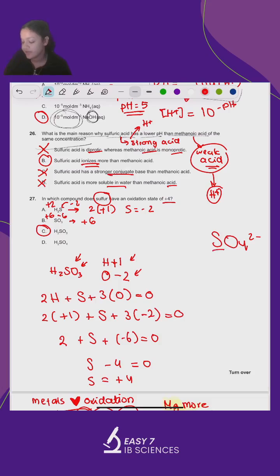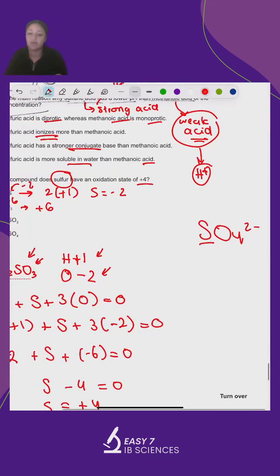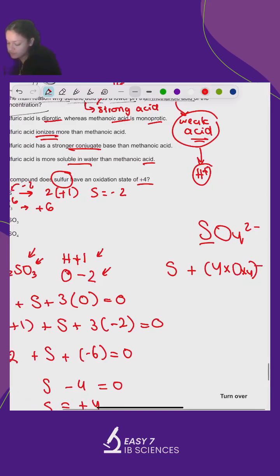Let's say I'm trying to find the oxidation state for sulfur in SO4 2 minus. Remember, rule number 1 is that hydrogen is always +1 and oxygen is always -2. So the sulfur plus 4 times oxygen should be equal to -2.